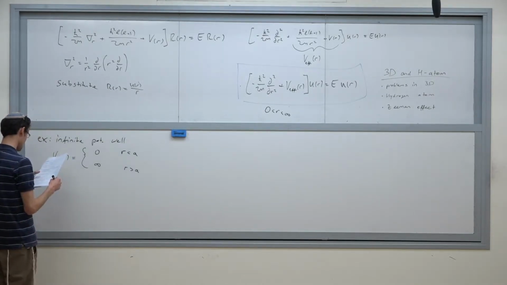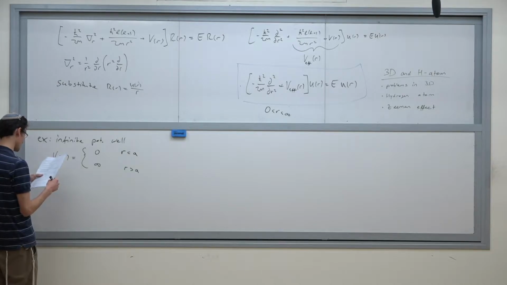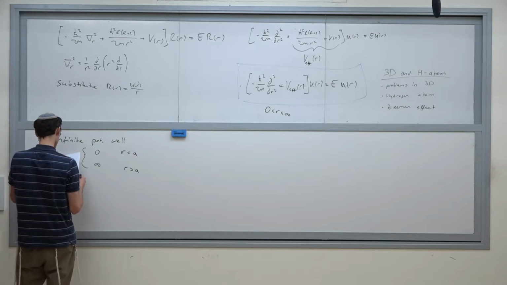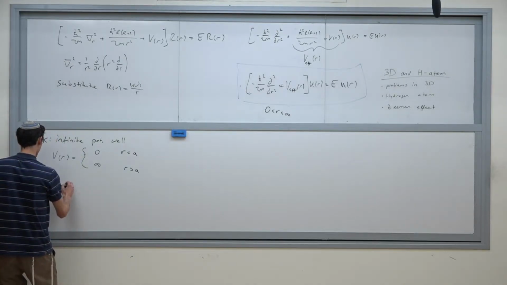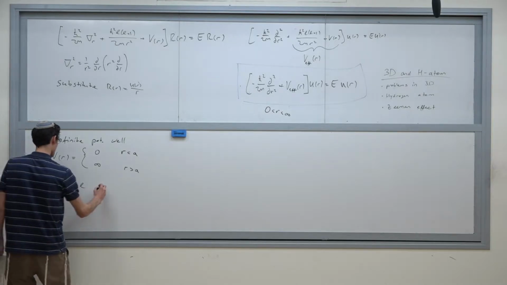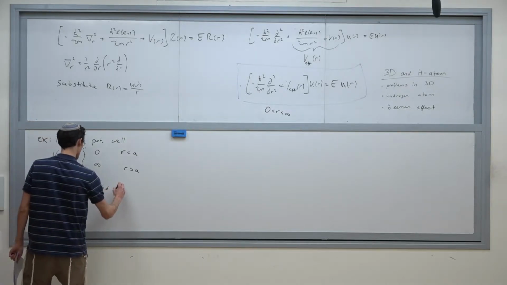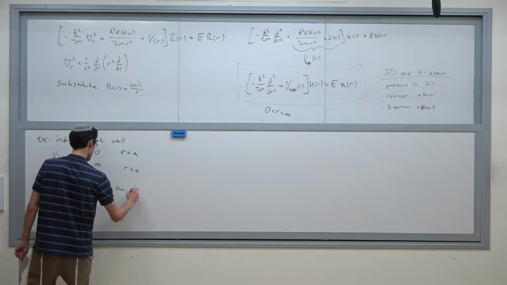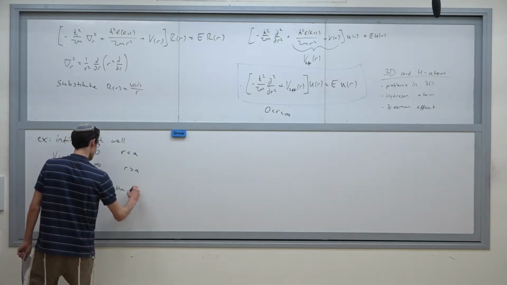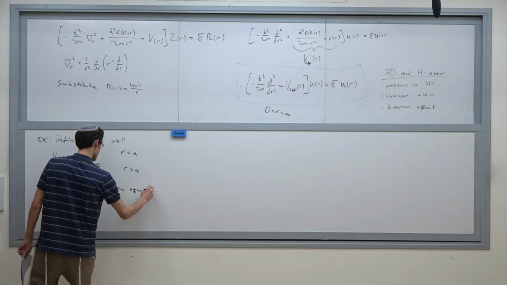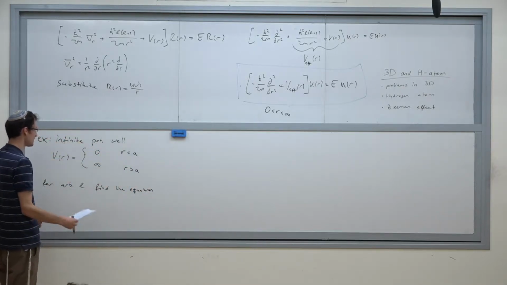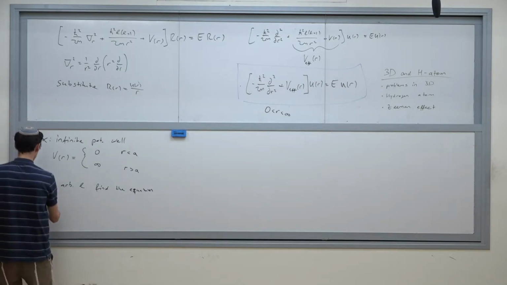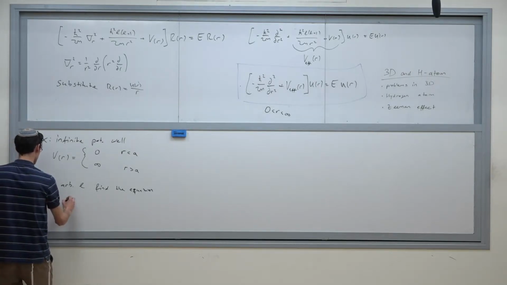What we would like to do is find the eigenstates and eigenenergies, so solve the Schrödinger equation. So for arbitrary L, we'll just find the equation, from which we could technically find the eigenfunctions and the eigenenergies, but we're only going to solve it for L equals 0.